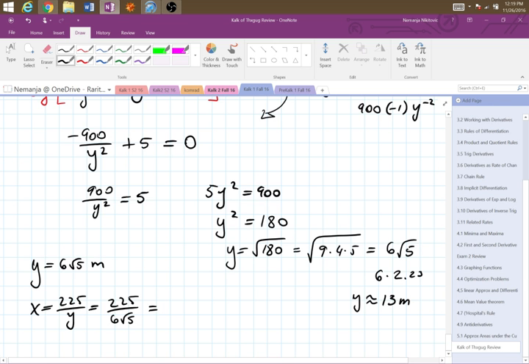Yeah, 6 times 2.23, since the square root of 5 is roughly 2.23, so about 13.